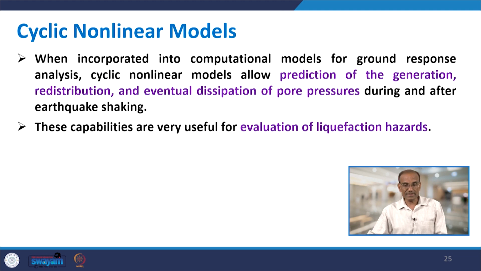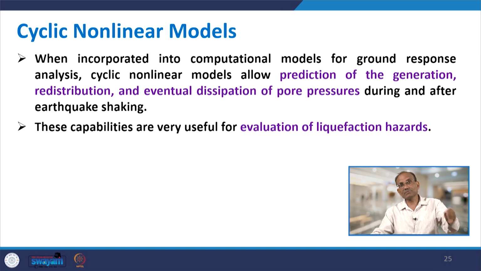When incorporated into computation models for ground response analysis, which was the case for equivalent linear models, cyclic models allow prediction of the generation, redistribution and eventual dissipation of pore pressure during and after earthquake shaking.